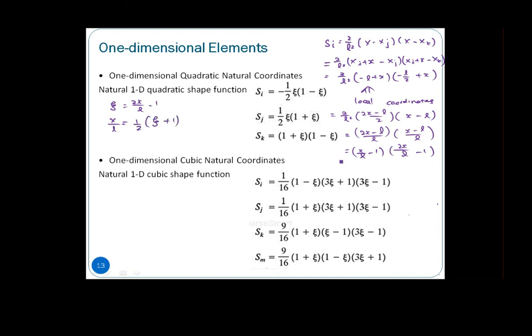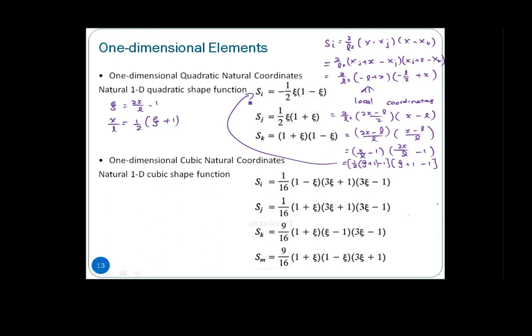Substitute into here, then we have 1 over 2 (xi plus 1) minus 1. Then 2x over L is xi plus 1 minus 1. So it will give us this Si in this case at the end.